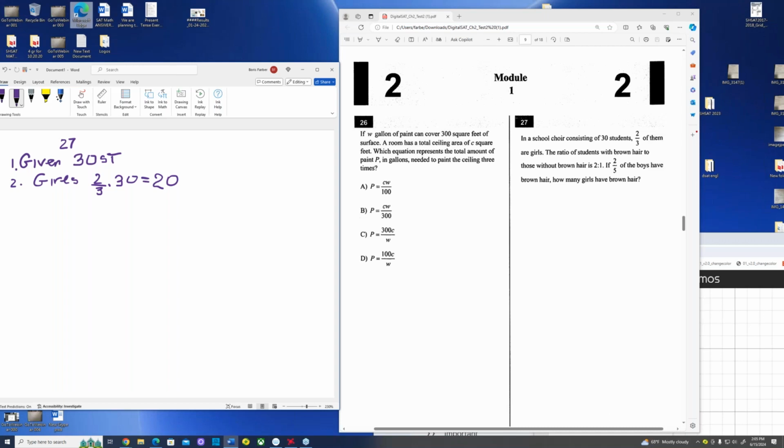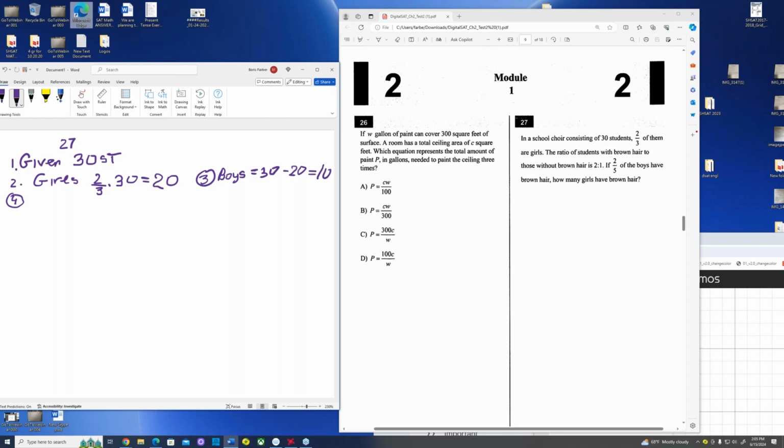So step number 3. Since we have 30 students, we can find the number of boys. How? 30 students minus 20 girls, and boys you have 10 so far. Step number 4. Ratio of students with brown hair to without brown.